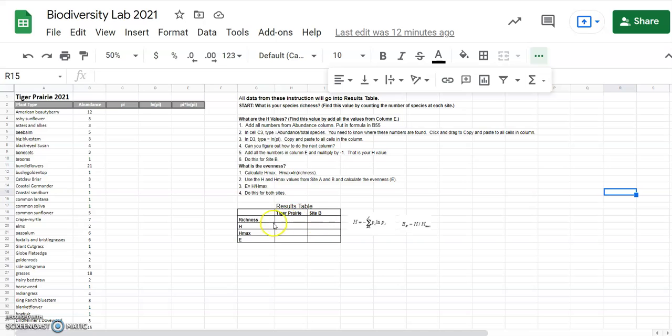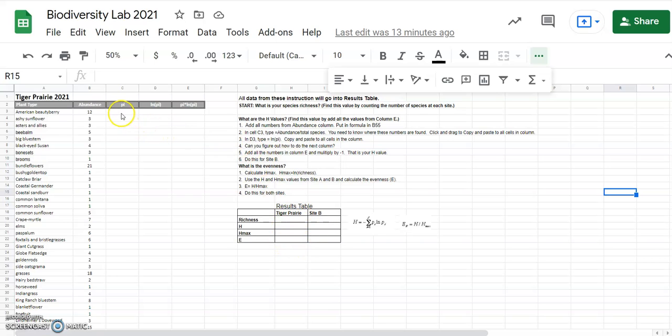We're going to do richness. That's easy, we're going to count our species. Then we're going to dump our H's into the table. Then we're going to calculate H max and then evenness. In this video I'm only going to show you how to do one table. Then you're going to do another table, and you will have to calculate this small table on your own.